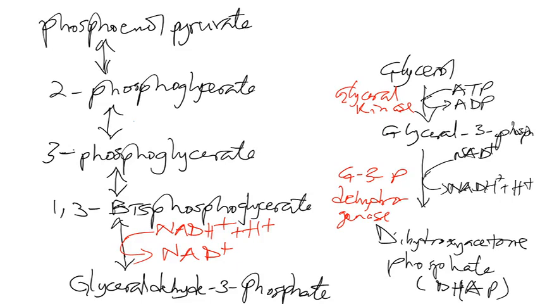So once we have our glyceraldehyde 3-phosphate and the dihydroxyacetone phosphate, the two combine to form fructose 1,6-bisphosphate. So we can go to the next step now.